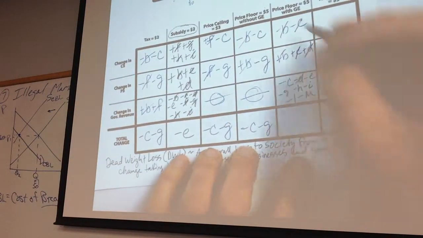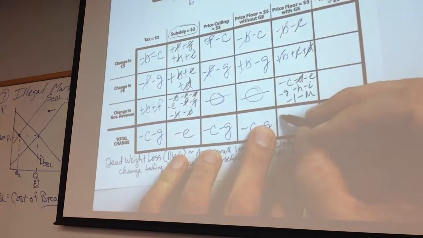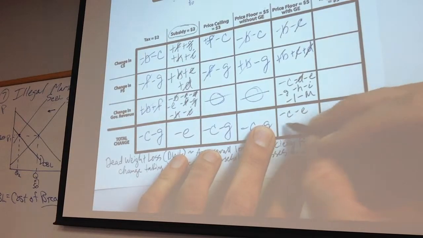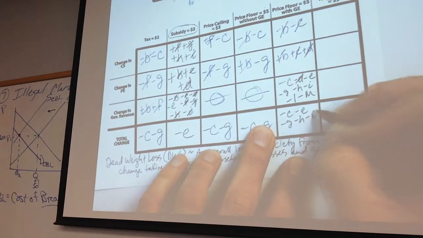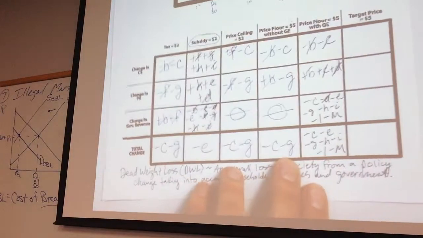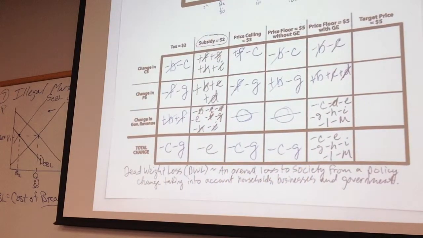Now we add up all of the players, all of the agents, and I get minus C, minus E, minus G, minus H, minus I, minus L, minus M. How did that one work out for the government? Not so hot.